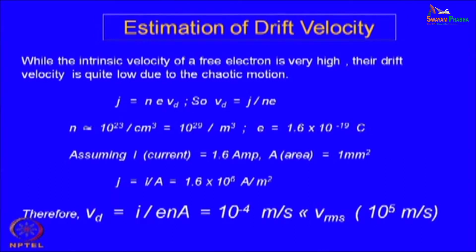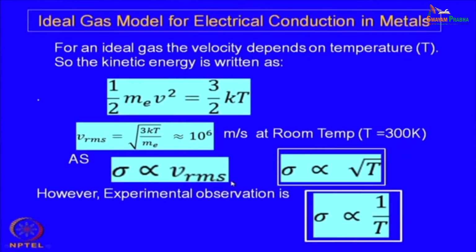Because of the thermal vibration there is a velocity, and that root mean square velocity is about 10 to the power 5 meter per second, which is much higher. So, whatever thermal velocity one can acquire because of thermal energy is much larger compared to the net velocity because of the applied electric field. So, its movement is much smaller, or the velocity is much slower.